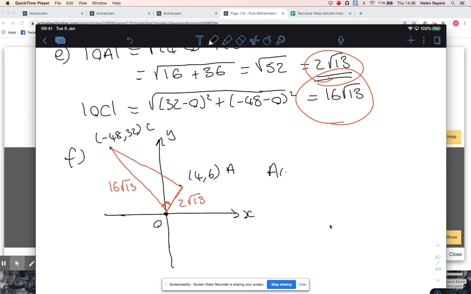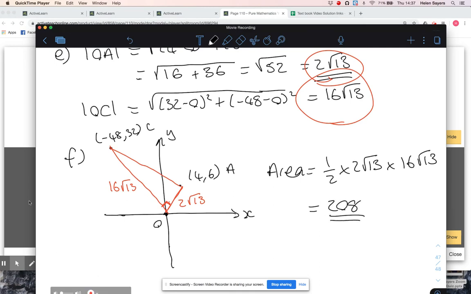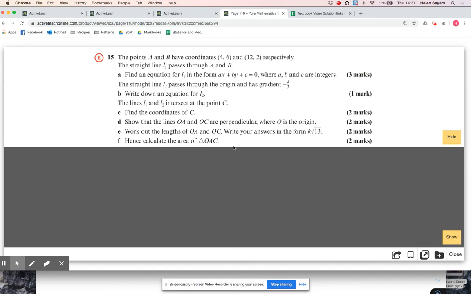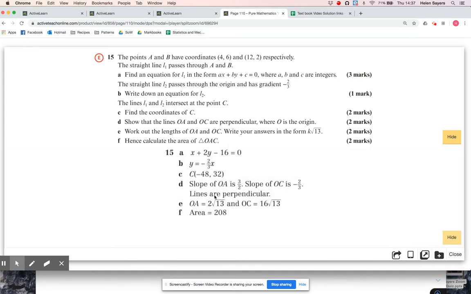So the area is a half times the base times the height. That's going to be 16 times 13, so 208. It doesn't mention exact form. If it had, I'd have been a bit worried, because then it should have been in terms of a surd. Yep, I think we're okay. I'm just checking the answer to A. That's what we got.